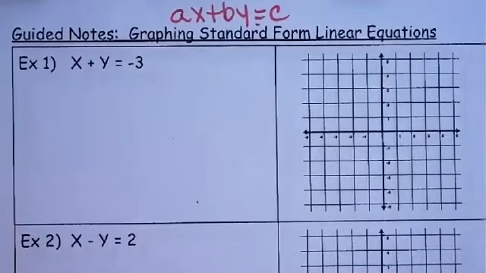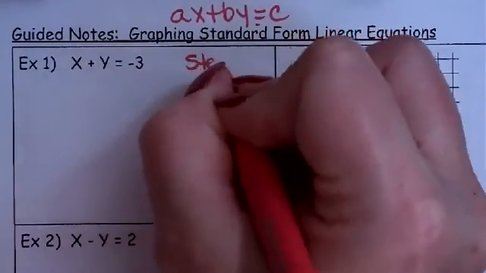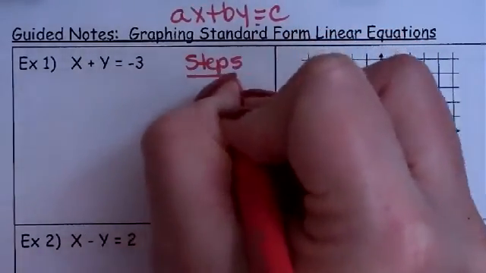Now, we're going to graph these. What we have to do before we can graph them, though, is to make sure that we get it into slope-intercept form, okay? And this is a two-step process, okay? So if you just want to make a little note about the steps.